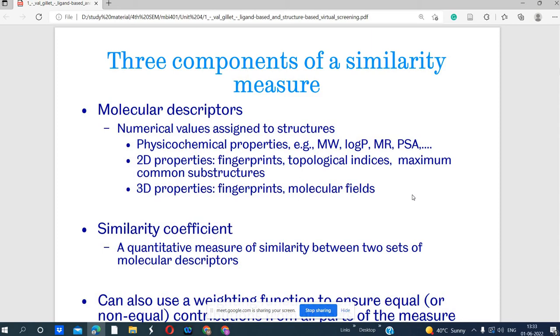How can we compare two structures? We can compare the molecular weight, log P, molecular refractivity, PSA. We can compare all these parameters. These parameter values have been determined by instruments. So these values can be empirically derived, and on the basis of these values we can do the similarity search. So this plays an important role in the similarity search.